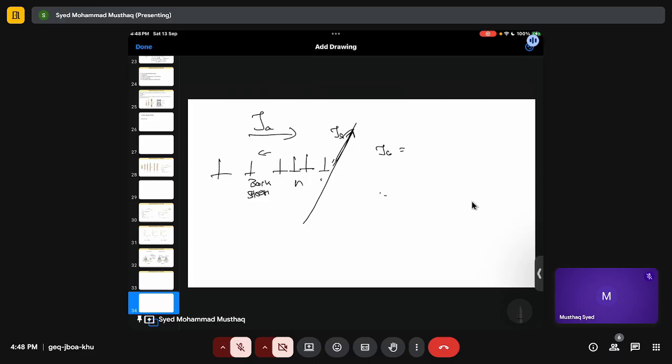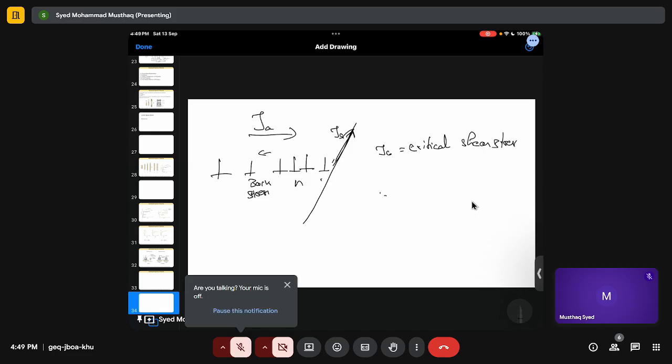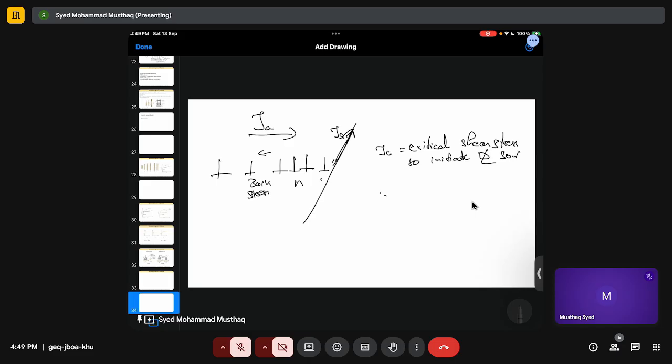So this is called the critical shear stress to initiate a dislocation source in grain 2. This is grain 1.